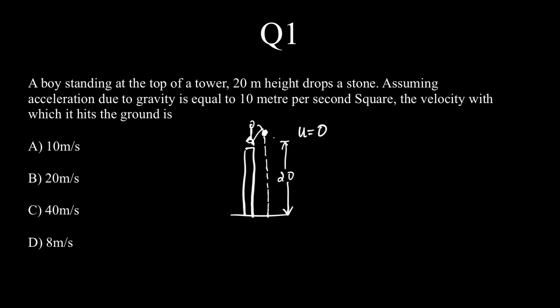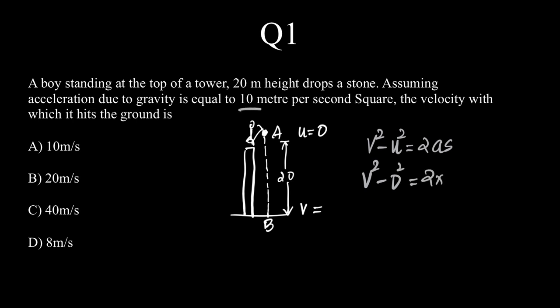Since the ball is dropped, we can say that u is equal to 0. So the path is from A to B, where AB is the height of the tower, which is 20 meter, and say it strikes B at a particular velocity v. Now we know by equations of motion that v square minus u square is equal to 2as, which means v square minus 0 square is equal to 2 into a, which is given to be 10 meter per second square, into s, which is 20 meter.